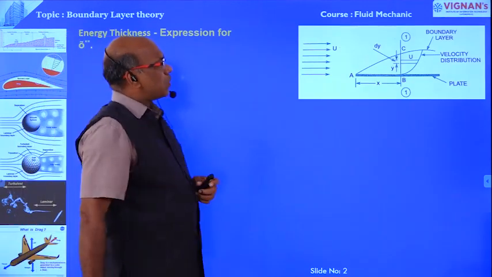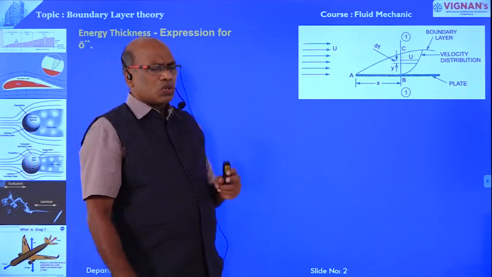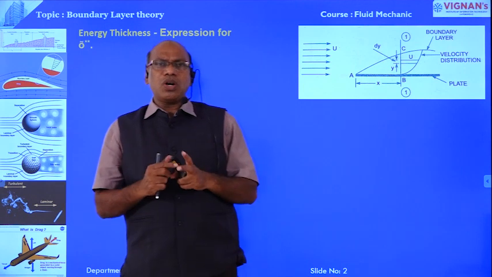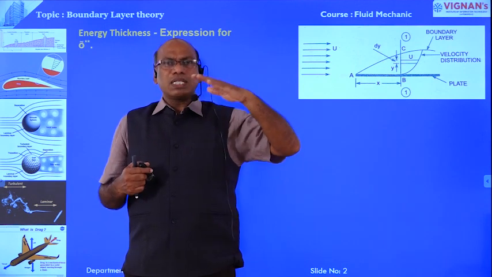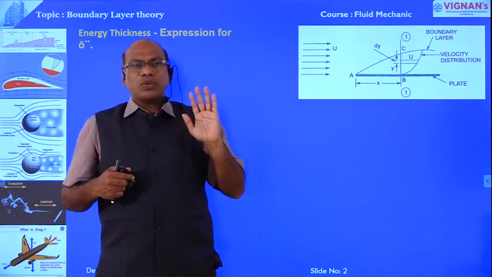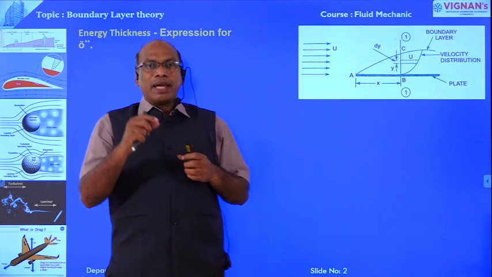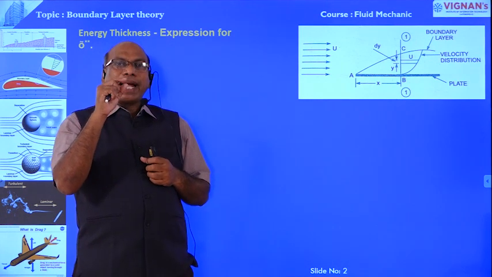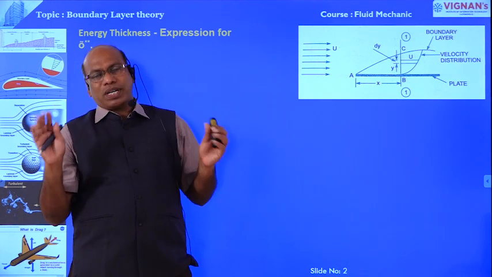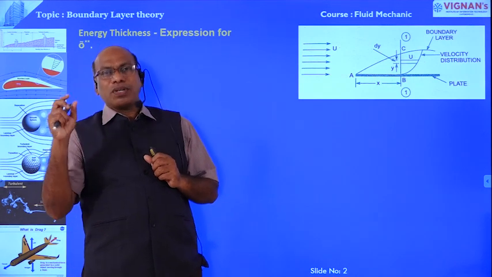Right. Now we are going to derive the equation for the energy thickness. Here also the same steps we are going to follow. For the determination of the equation for the energy thickness, first we are going to determine the kinetic energy in the presence of the boundary layer. Second, the kinetic energy in the absence of the boundary layer.